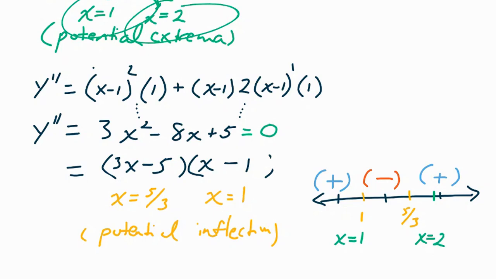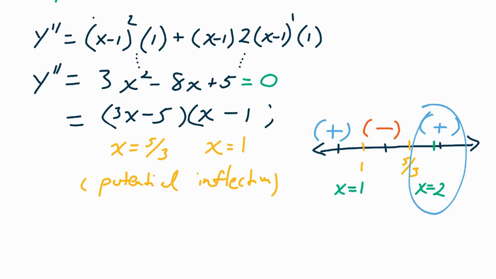Now, the important thing to understand here is that since 2 is in a concave up section, we with 100% certainty can say that it is a minimum. It's a minimum, okay, because the second derivative test says so.